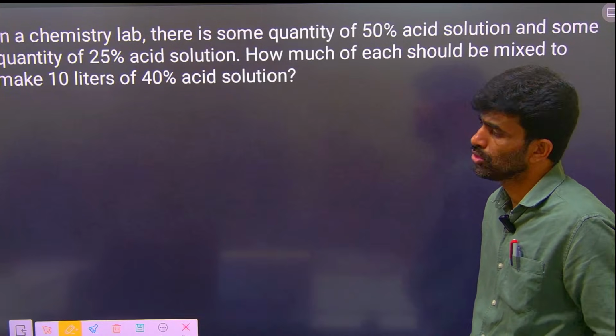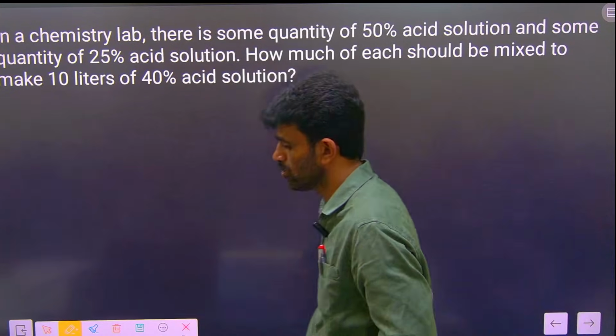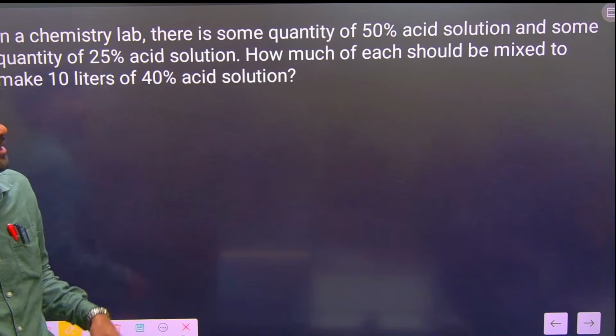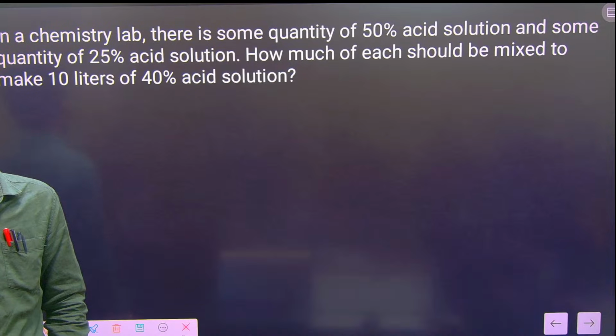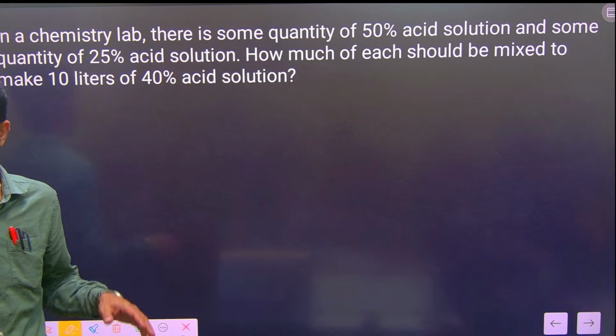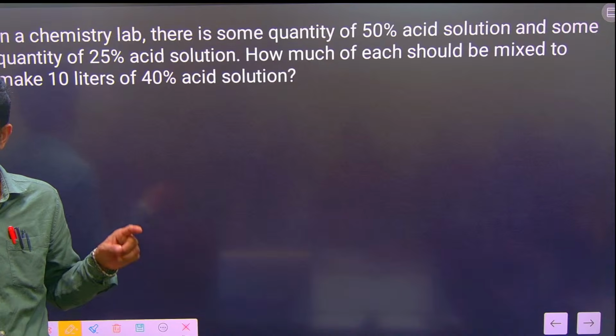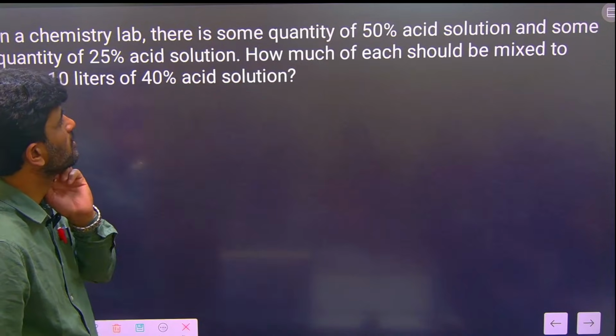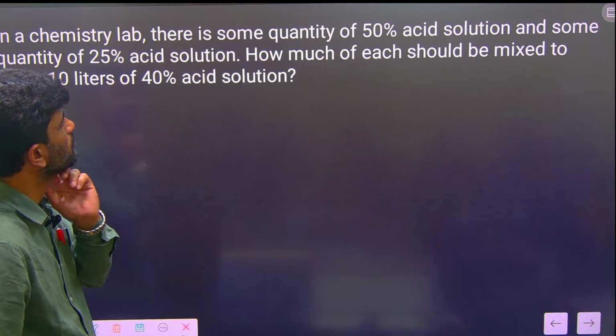So here two types of solutions are there. We will take x liters of 50% concentration and y liters of 25% concentration acid.